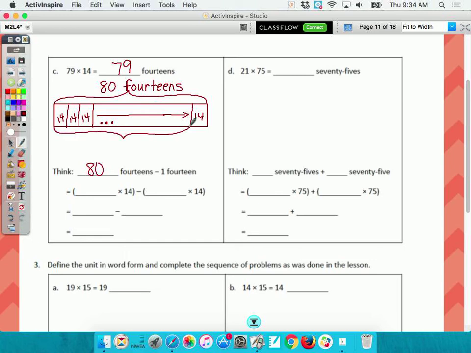And Tucker, tell me what number to write on the bottom of my tape diagram. 79. Good. 79 14s.